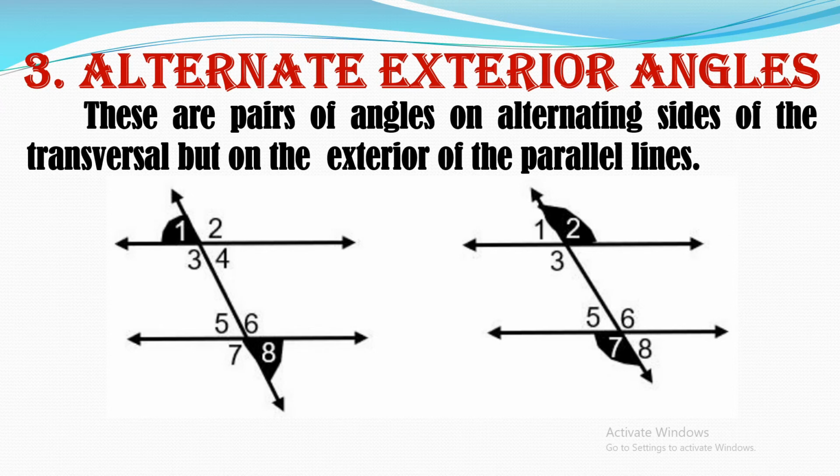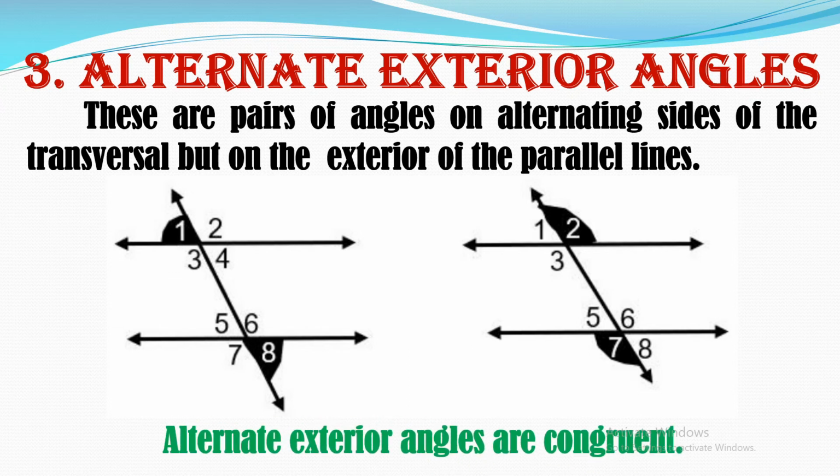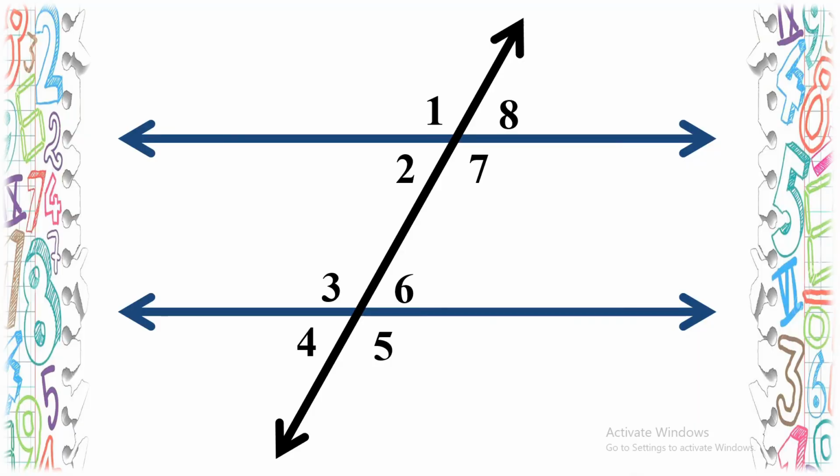Now, with regards to their measurements, alternate exterior angles are congruent. Let's have an example. Can you name here the alternate exterior angles? Very good. We have angle 1 and angle 5. And of course, the second pair, we have angle 4 and angle 8.